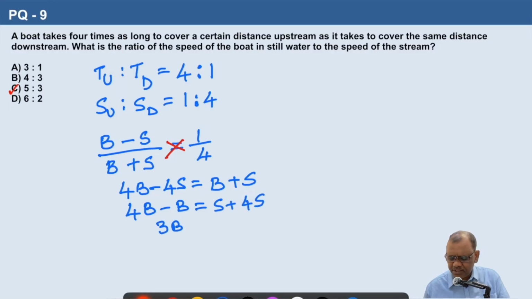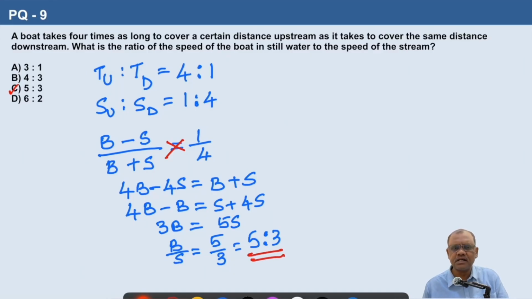So this is 3B, this is 5S. So B by S is equal to 5 by 3, which is 5 is to 3. This is the ratio of the speed of the boat in still water to the speed of the stream. Option C is the correct answer.